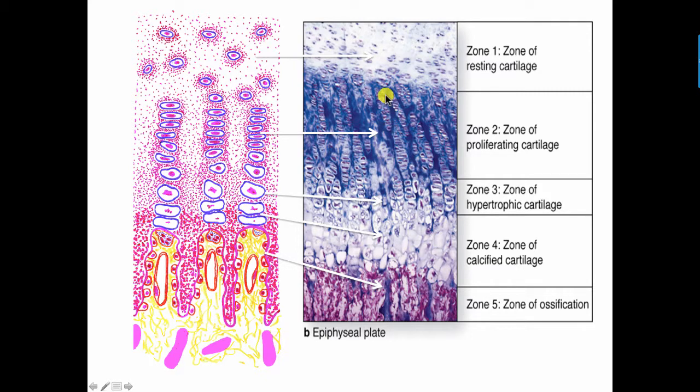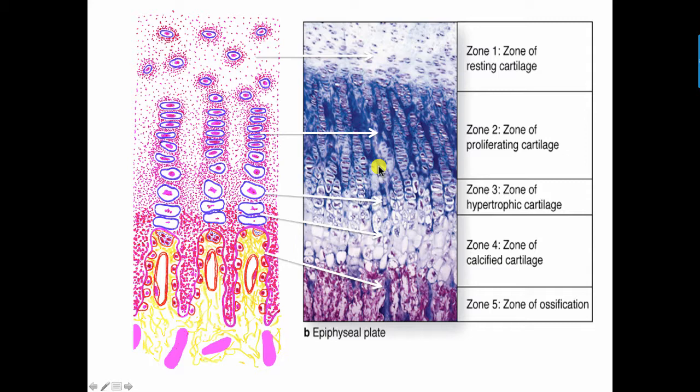Division of chondrocytes in this zone is responsible for lengthening of the bone, as bone is added at the metaphysis, that's this area down here, pushing it away from and thus lengthening the diaphysis. This process, this division, is stimulated by growth hormone.